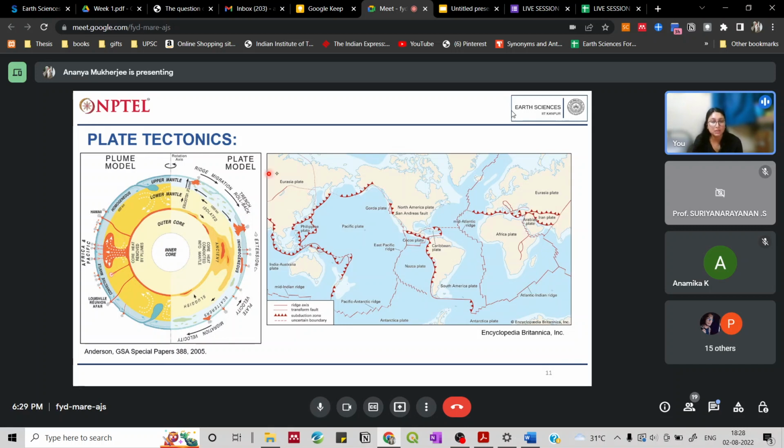And over here in this map we can see the different plates that are there. There are major plates and minor plates, and the red marks are essentially the boundaries between these plates. The ones you can see with triangles are where subduction is happening.